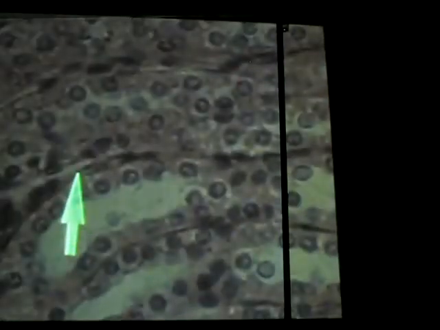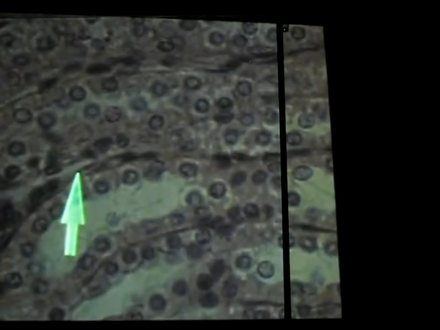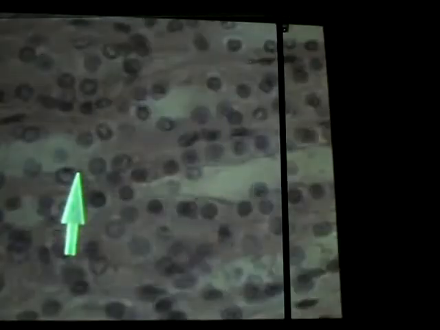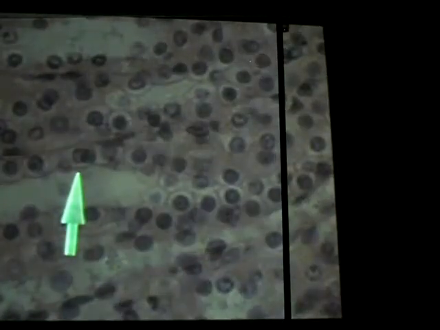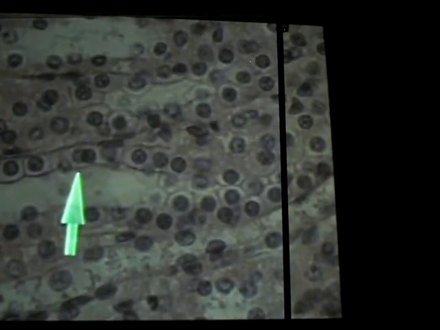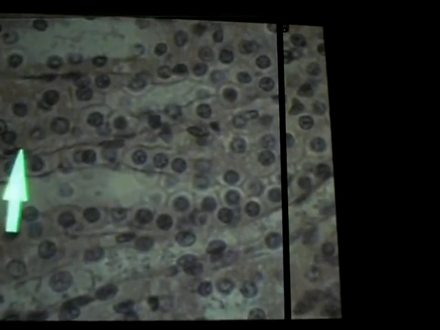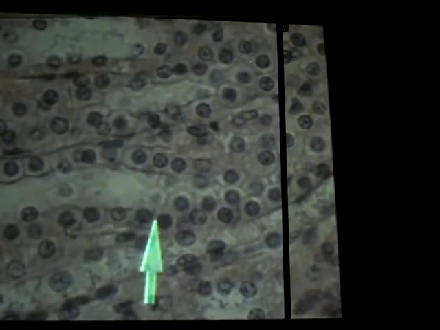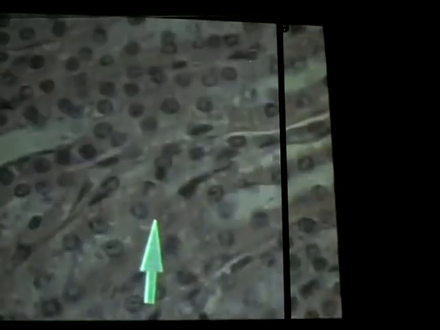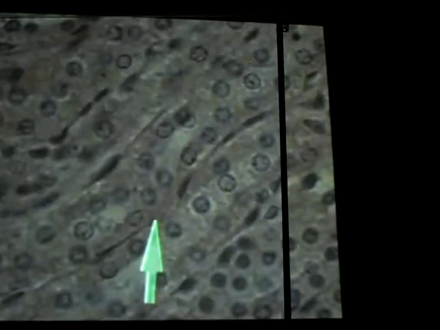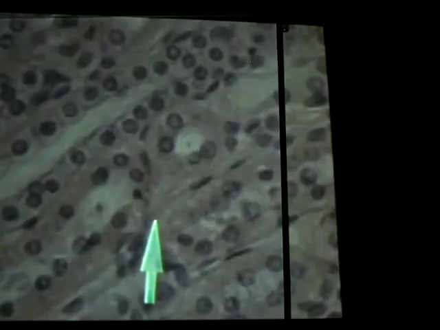Your collecting ducts are going to combine to form larger ducts, and as you move towards your renal papilla, it's going to switch from a simple cuboidal epithelium to a simple columnar epithelium. So notice you're seeing the lateral borders very distinctly. These are your collecting ducts. Those are going to come together to form larger ducts as we move towards the renal papilla.